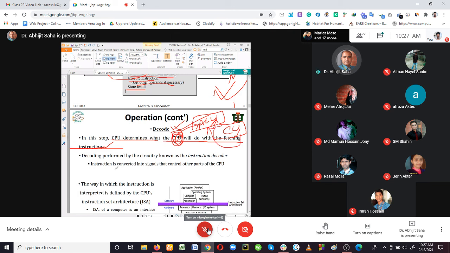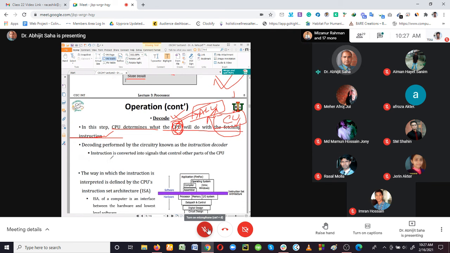So who is going to do this job, the translating? The control unit. It says the decoding is performed by the circuitry known as the instruction decoder. We say the control unit, but inside it there is an instruction decoder, which does the translation, the decoding job.